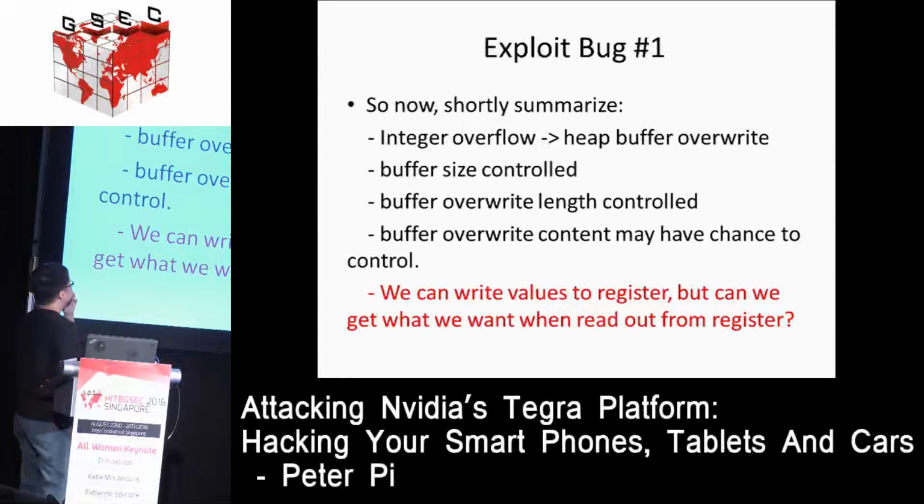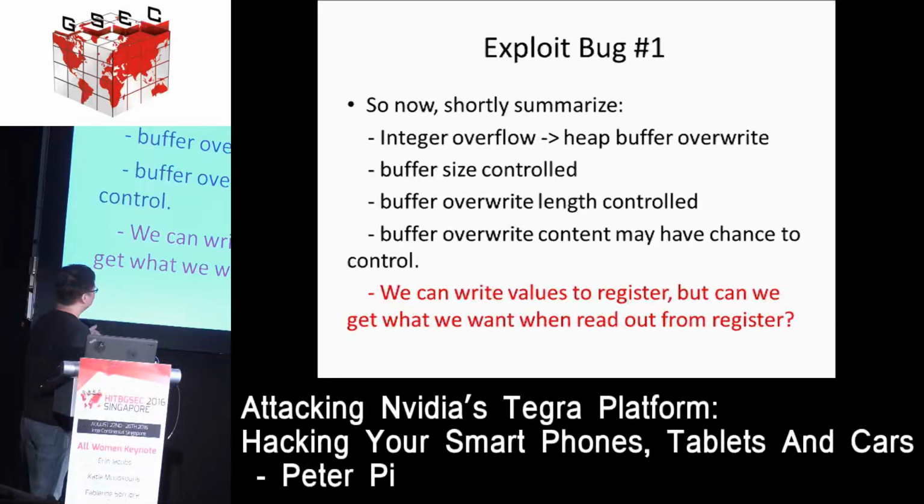So now, let me shortly summarize what we have. We have an integer overflow bug. This integer overflow bug can change to a heap buffer overwrite, and we can control the heap buffer size because we can control the block size multiplied by the number of offsets.